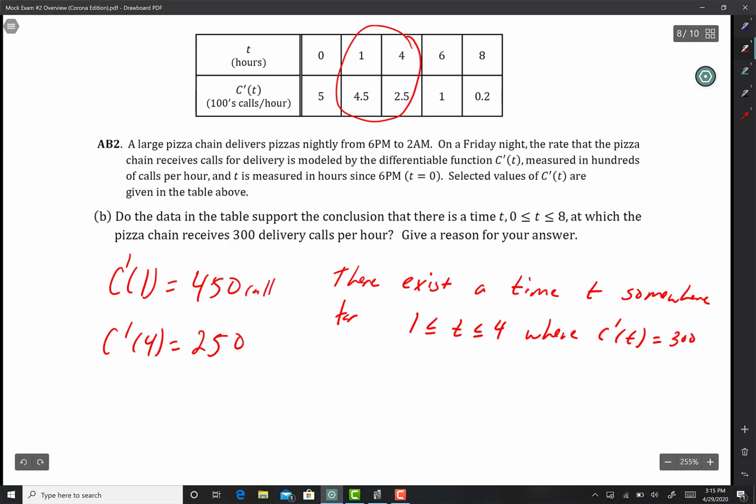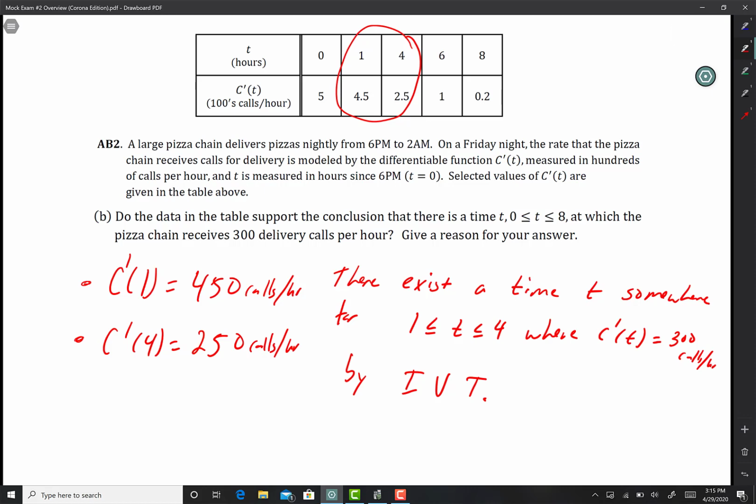Cost per hour. There is this time t somewhere between 1 and 4 where c prime of t equals 300 cost per hour by IVT. Perfect. I have two numbers here, or two scenarios.